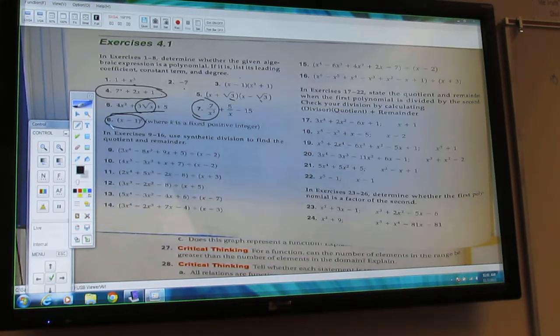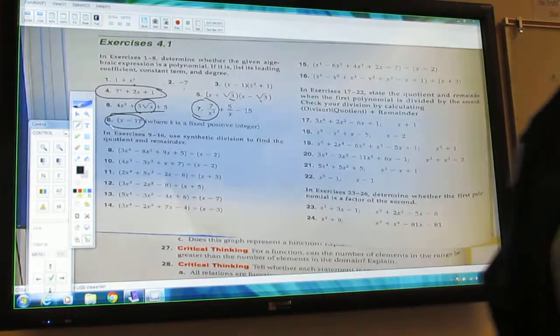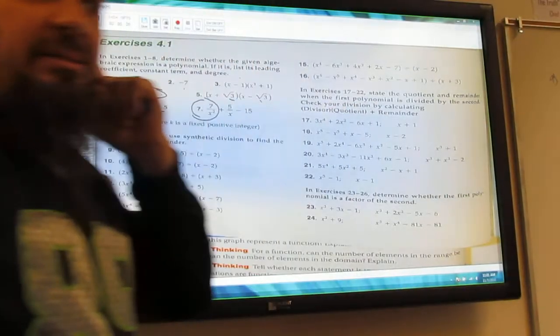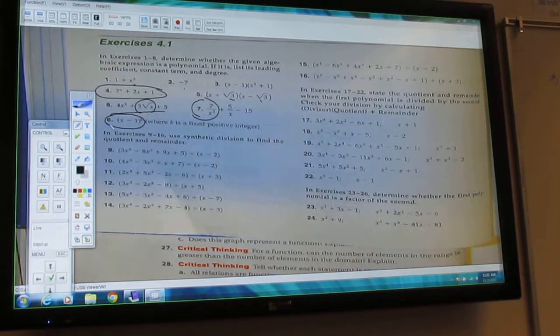Nope, 0 degree is 1, but what do we call it? 0 degree is constant. So it starts with a constant, 0 degree polynomial. First degree polynomial is linear. Second degree, quadratic. Third degree, cubic.